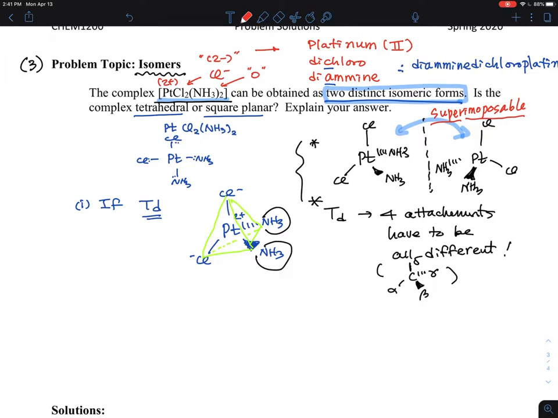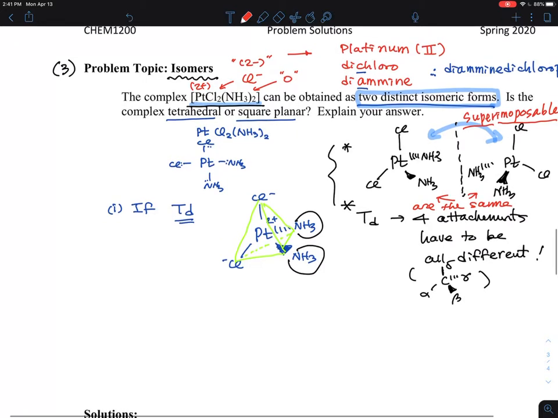Superimposable means these are not chiral isomers. What that means is they are the same, if it is superimposable. Okay, so therefore tetrahedral cannot be the answer.